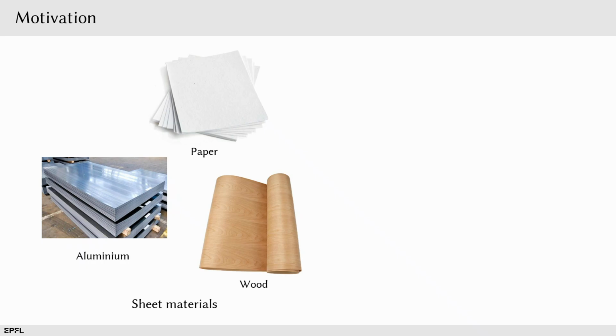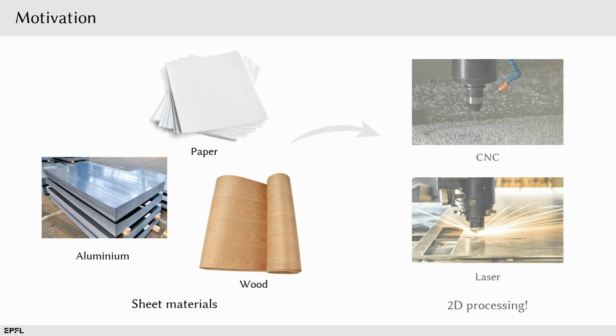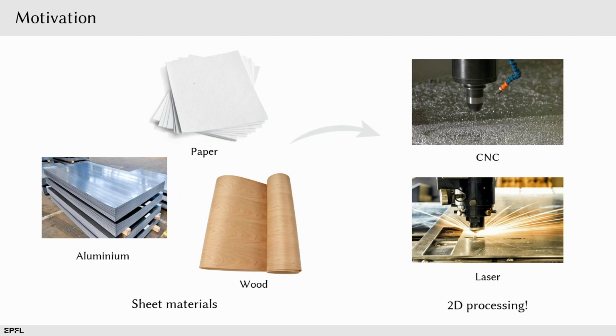Many materials, such as paper, aluminum, or even a thin sheet of wood, come in sheet form. A major advantage of these sheet materials is that they can be processed with two-dimensional tools like CNC milling or laser cutting, which is significantly simpler than 3D counterparts.